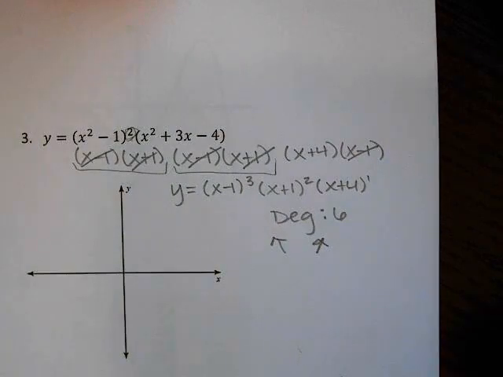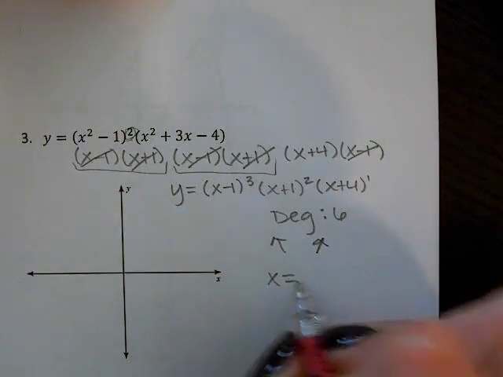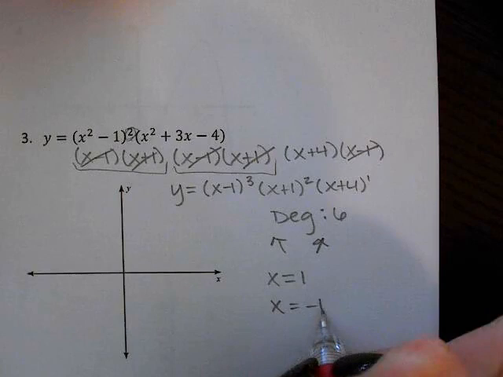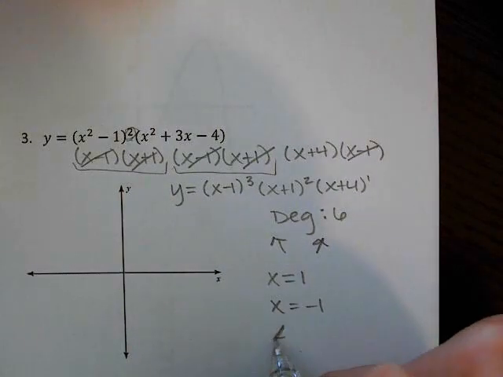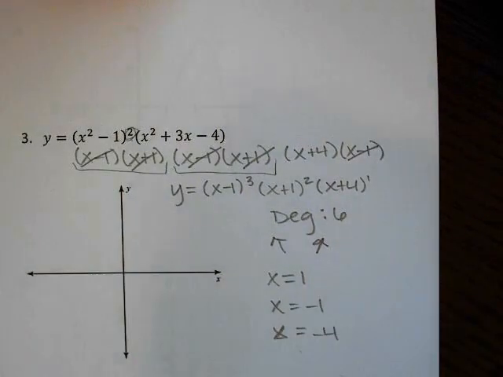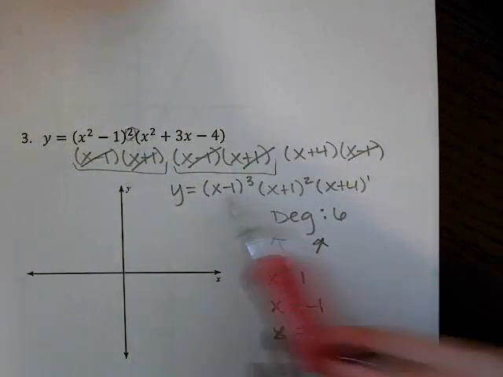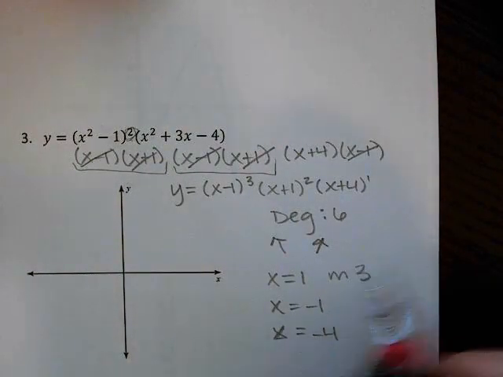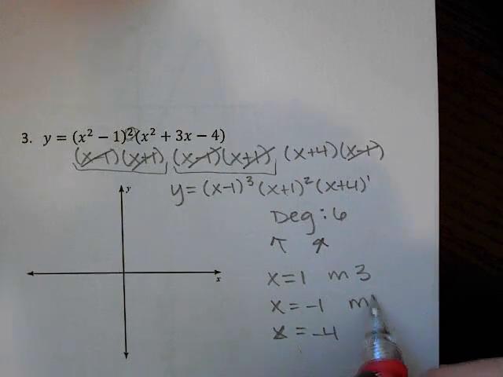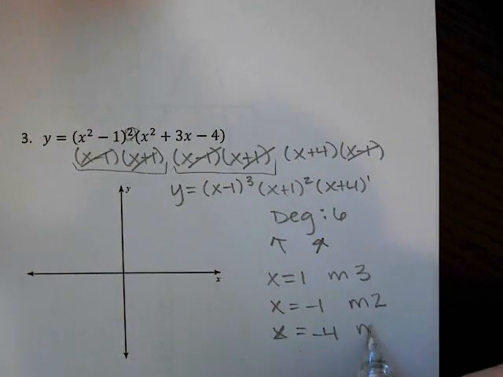We have an x-intercept at +1, -1, and -4. At +1, the multiplicity is 3. At -1, the multiplicity is 2. At -4, the multiplicity is 1.